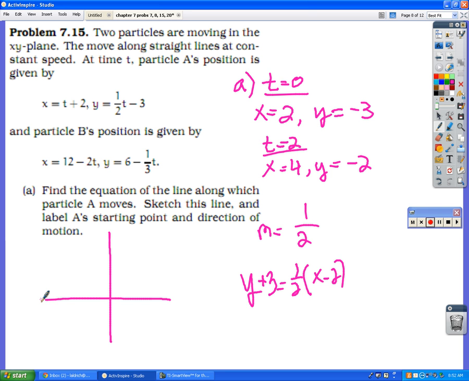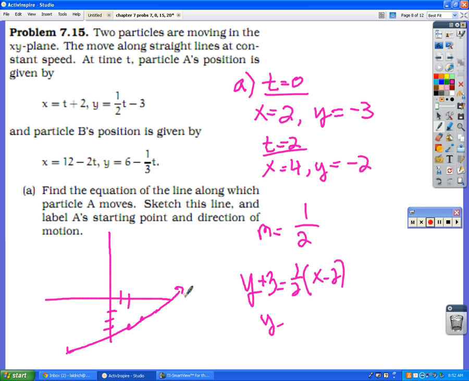If I distribute that 1/2, actually, if you didn't, what you could do is start at this point, go right 2 and down 3. Start right there instead of starting at the y-intercept. And what's the slope? 1/2. So then I would go up 1 over 2, up 1 over 2. Yeah, so that would be my line.